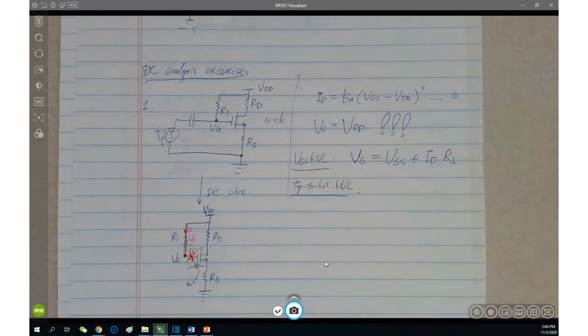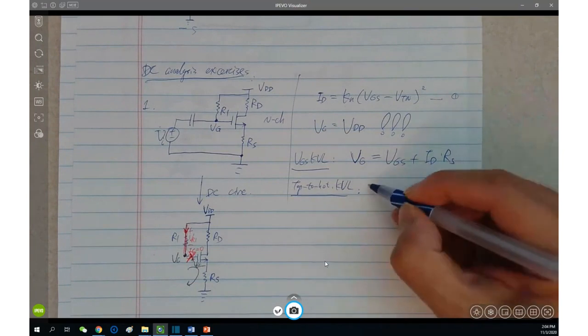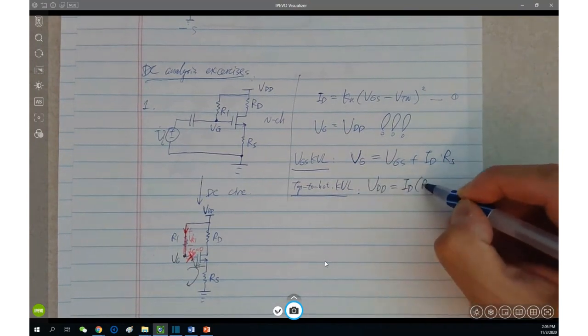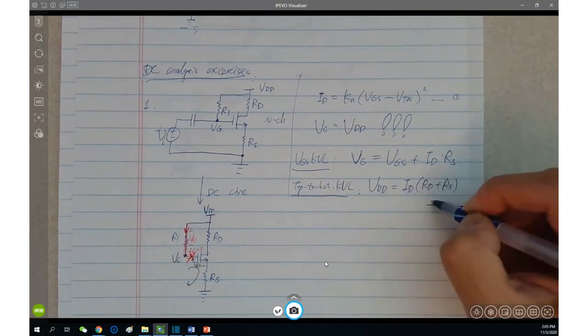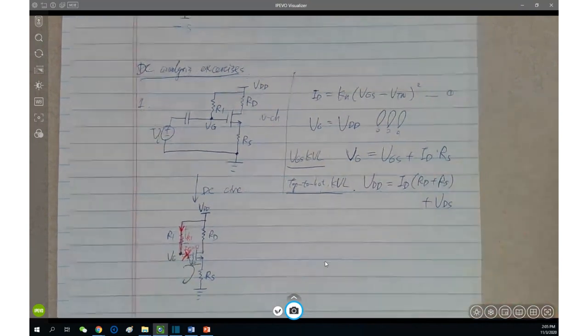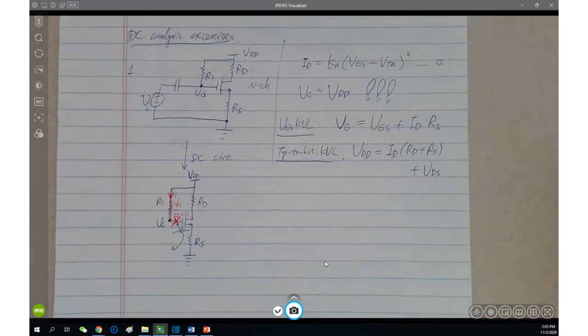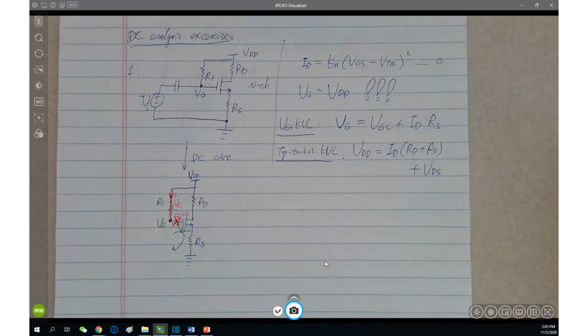That's it, right? And then from top to bottom, KVL, this is VD equals ID times RD plus RS, plus VDS. These are quite regular. You guys have been doing them in the homework and in class as well.